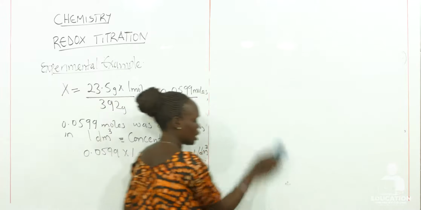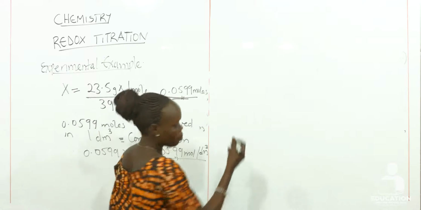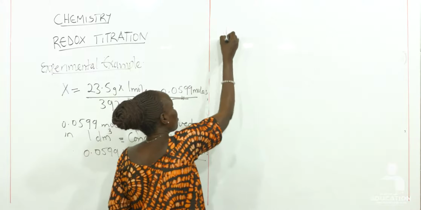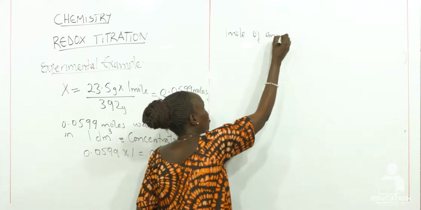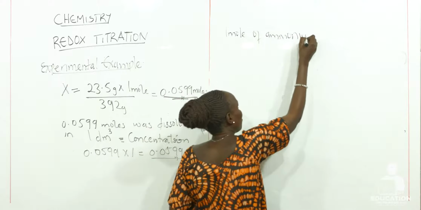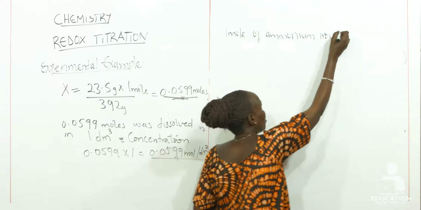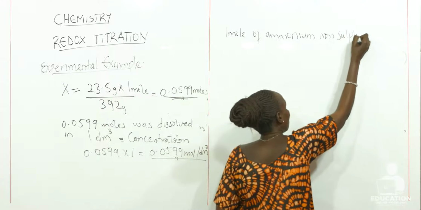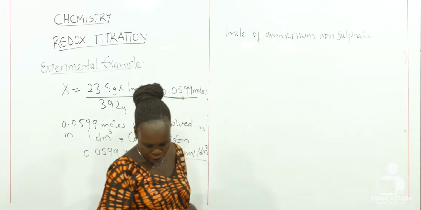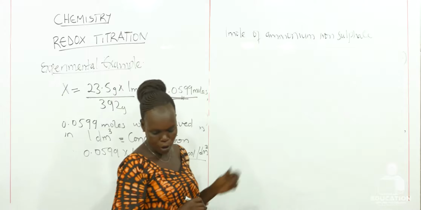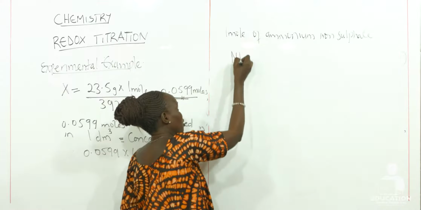So we need to get the chemical equation. 1 mole of ammonium iron sulfate was dissolved. It forms the following ions. So we have to dissociate the ions.